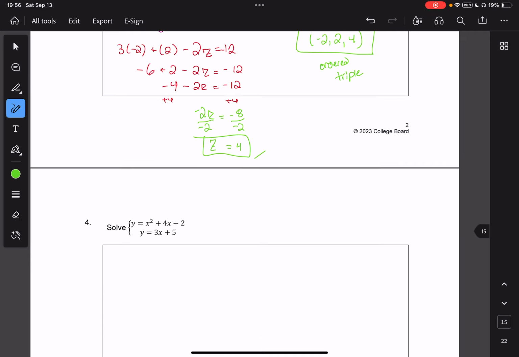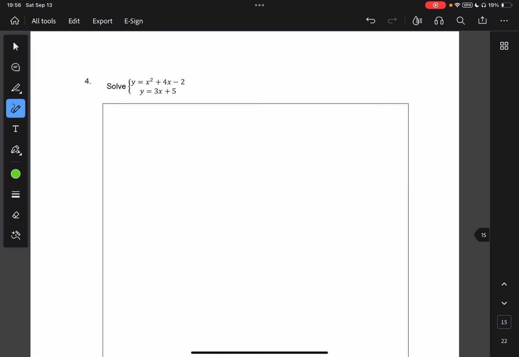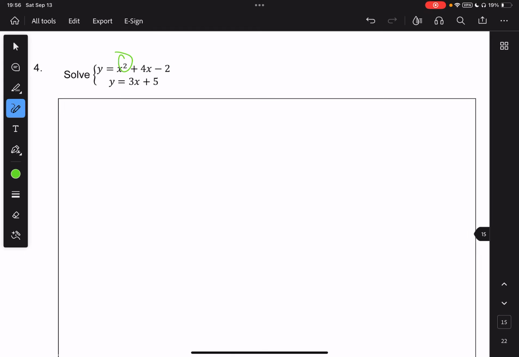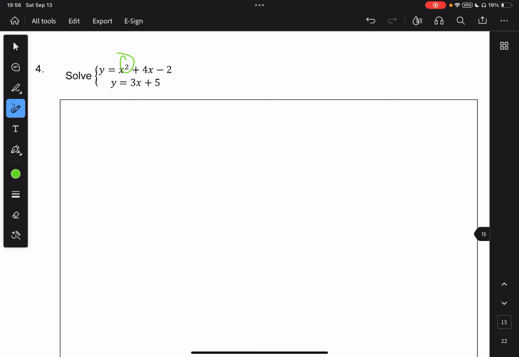Okay, so let's move on to question number 4. We're going to solve this one. This one's a bit tricky because we have x squared. So how we would solve this, let's combine our equations.